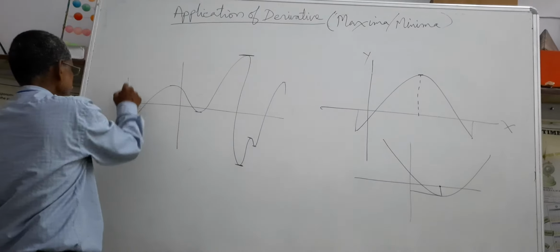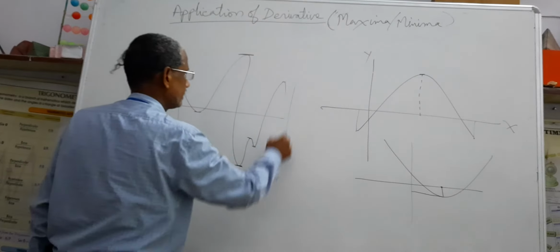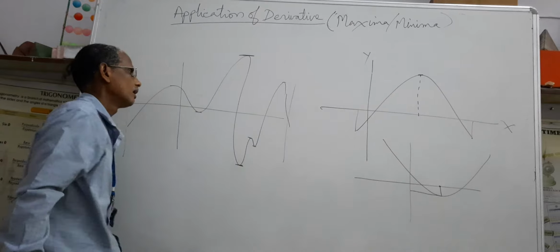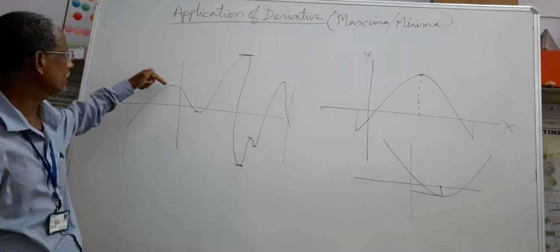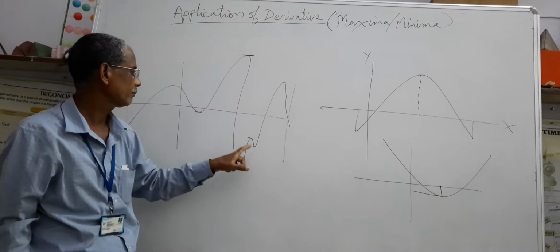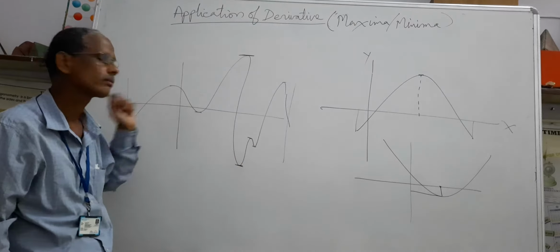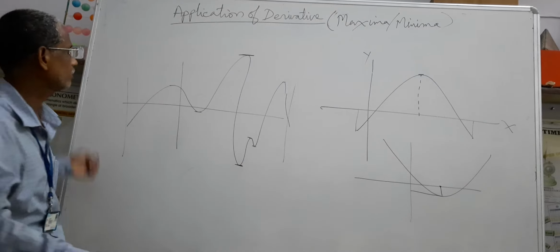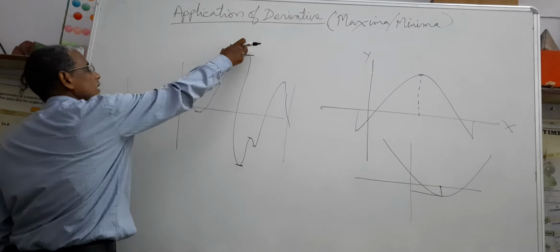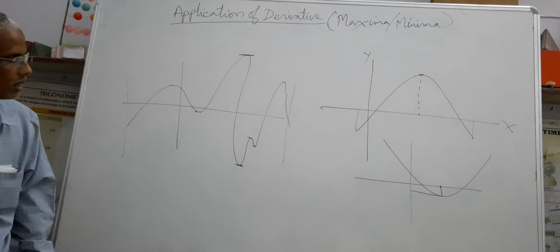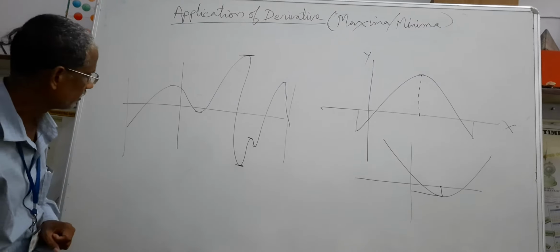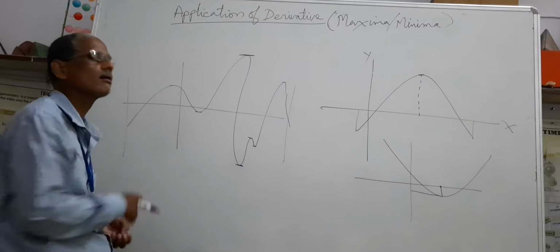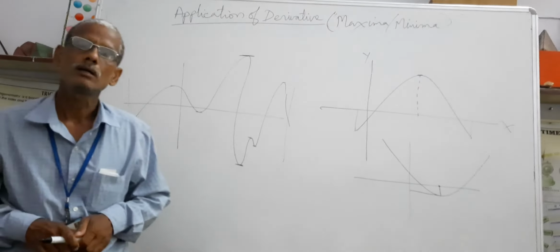But if we take interval from here and curve as this, then there are many maximum and many minimum, among which highest value is called global maximum, lowest value is called global minimum, all other called local maxima, local minima.